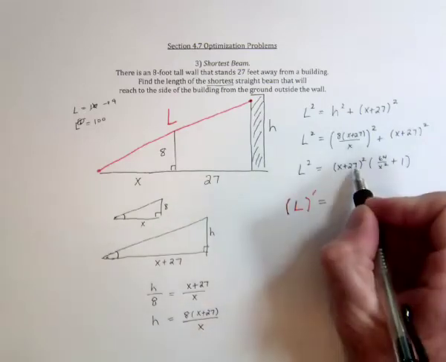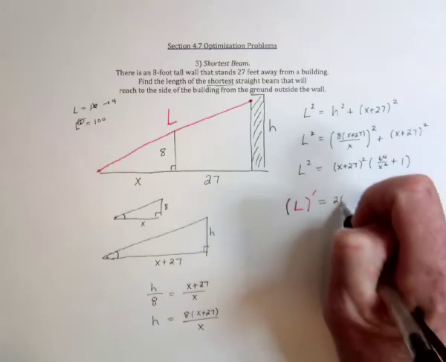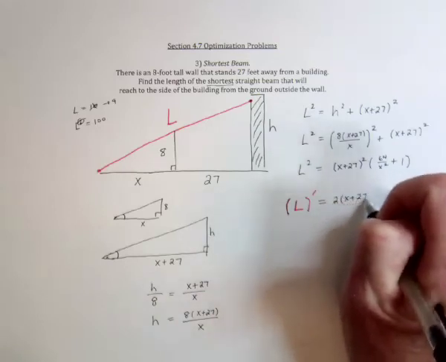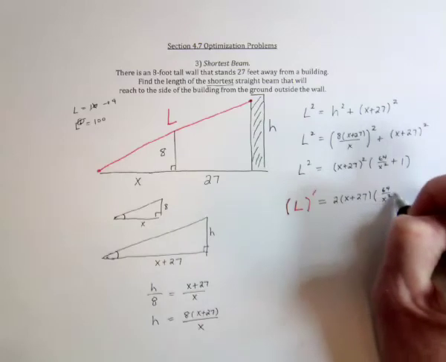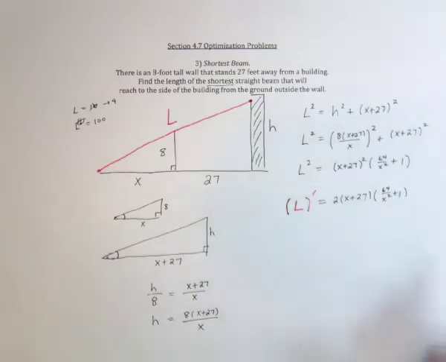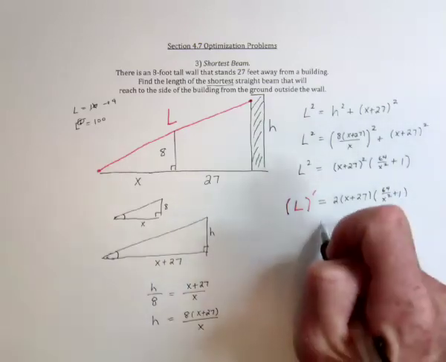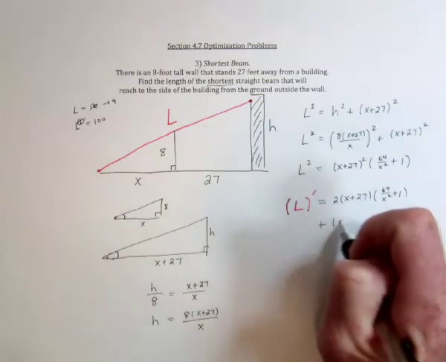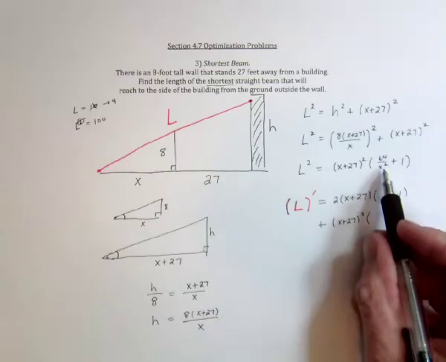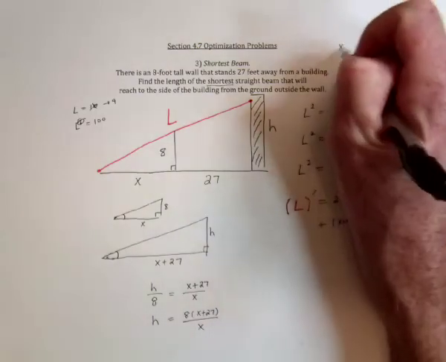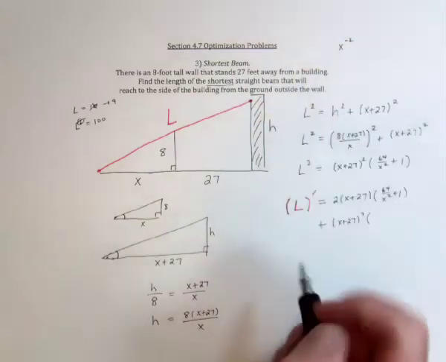So we're going to have to use the product rule. So derivative of the first one would look like this, and then the second one left alone, and then plus the x plus 27 squared left alone, and then take the derivative of this. Well, this is essentially x to the negative 2.